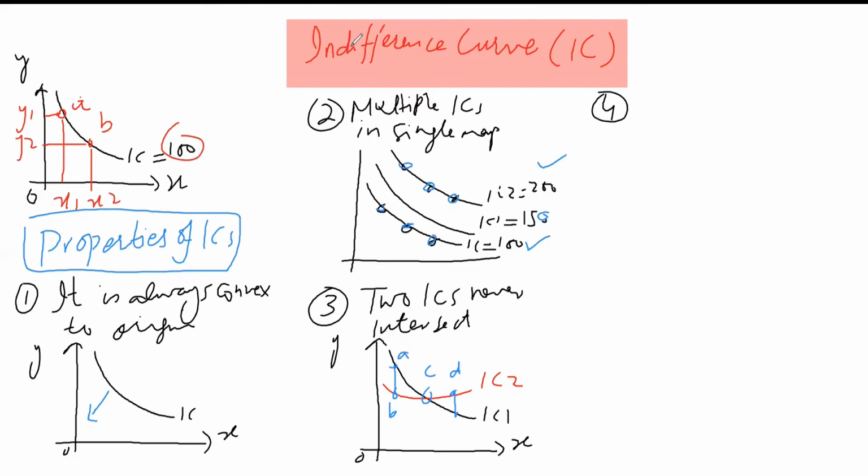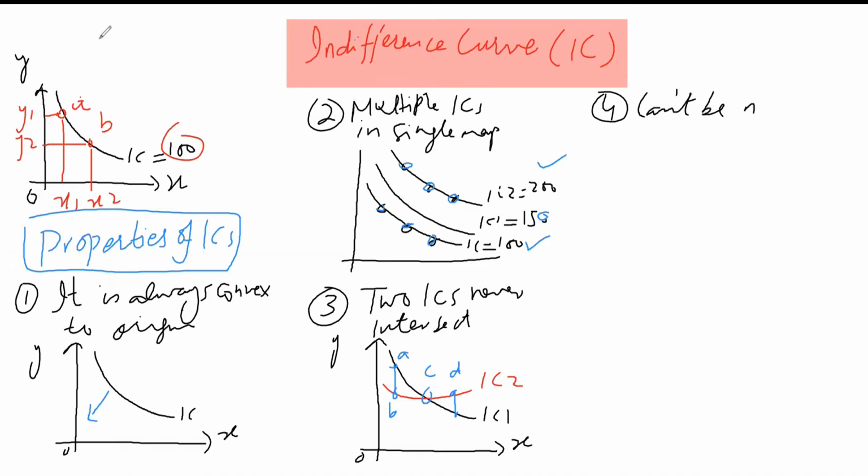But keep in mind that every point on IC2 will give an equal level of satisfaction, that is 200 units, and every combination on IC shows 100 units of satisfaction, whether the consumer purchases a greater quantity of Y or a lesser quantity of Y. So it gives him an equal level of satisfaction.